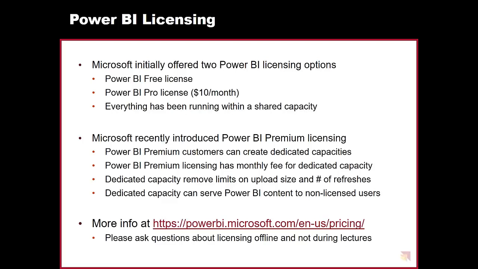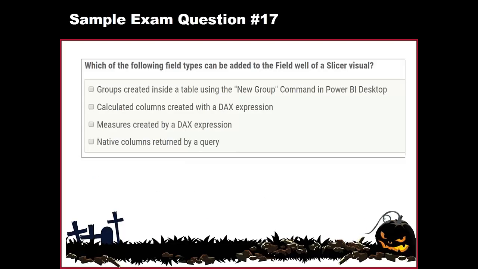Buying Power BI Premium means that you're buying a chunk of hardware, or what's called a capacity, where you're able to run your content. Basically you can take an app workspace and assign it to a capacity, and then all the datasets, reports, and dashboards that run in that app workspace run with all the licensing rights of Power BI Premium.